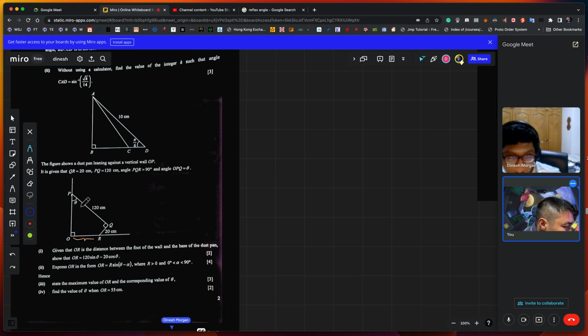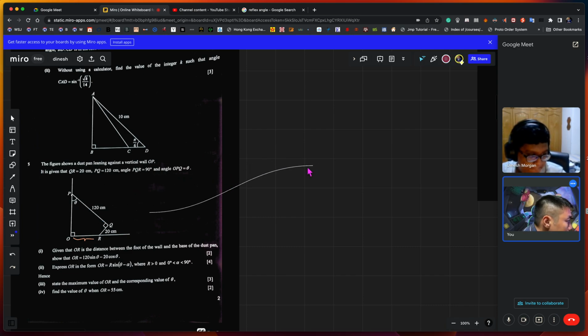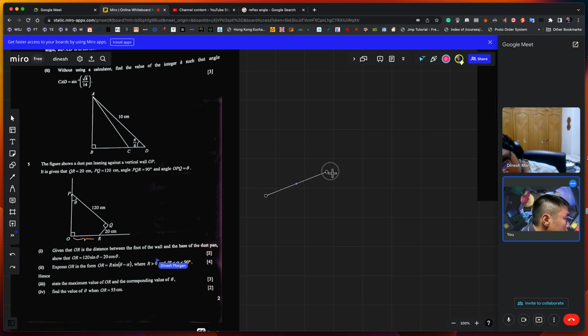You have a theta here. If you try to split this way like you suggested just now, I want to get a straight line. I don't know why they give you a curve. Okay, good, now I can make use of this.